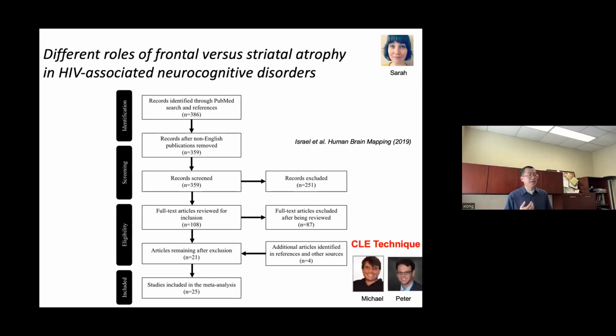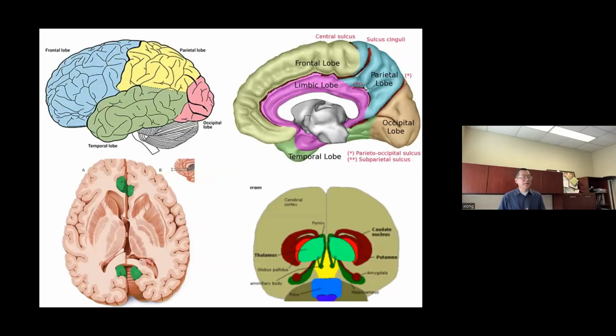So we did this using a technique developed by two colleagues at Georgetown University, Uma and Peter Turkeltaub. The idea here is for each study, we assign where they find the change in volume, either at the global level, like frontal lobe, to define whether HIV disease has an impact on the frontal lobe, versus parietal, or versus temporal lobe, or versus cerebellum, or limbic system, or subcortical region.